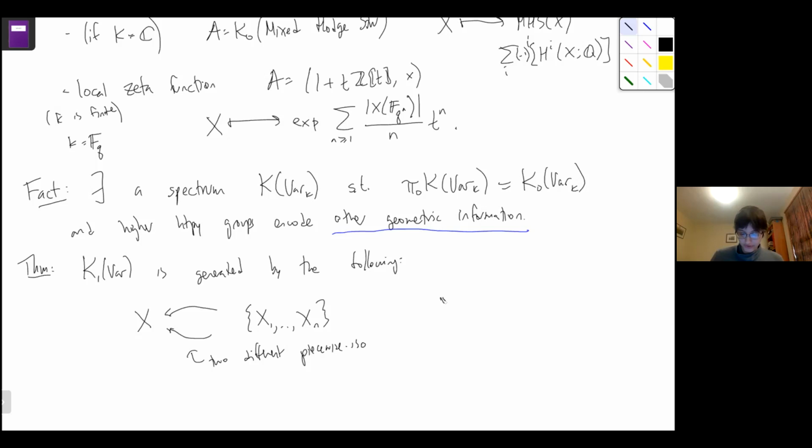So this is sort of a scissors automorphism. So you decompose X into pieces and you reassemble it. And when you add these, you can either take disjoint unions of varieties, or you can also refine them, any kind of basic thing that you can imagine you should be able to do with this information, you can. And this is an abelian group generated by these.